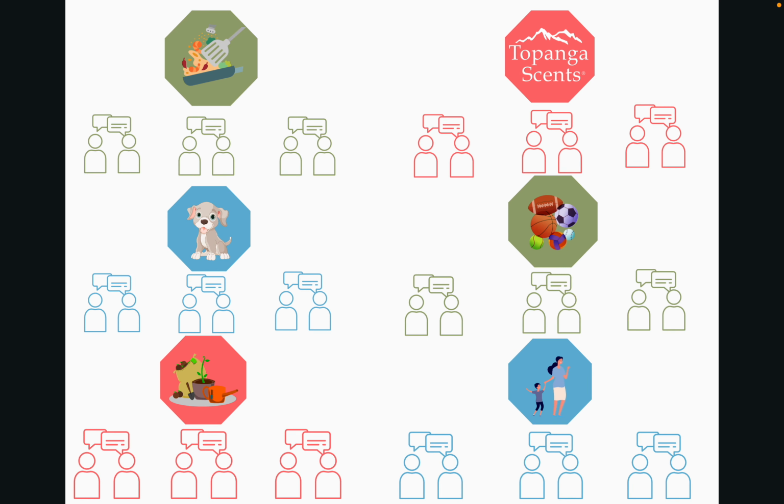So what we want you to do is just stay consistent. Find your 5 buckets, and of course your Topanga Sense business can be your 6th. And try to post once a week about each of your buckets. Try to be creative with what you post and what you share. You can ask questions. You can share tips and tricks. It doesn't always have to be just a photo.